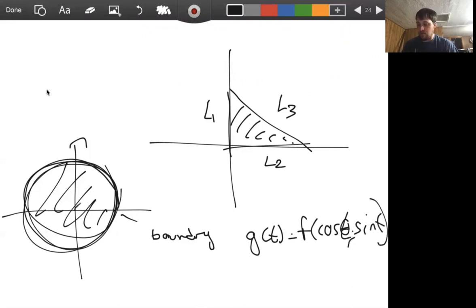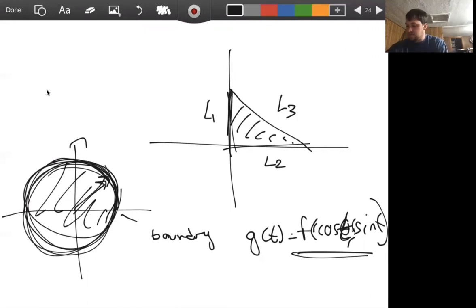Because that's how you parameterize the unit circle, cosine t comma sine t. And so if you have a circle of radius r, you can parameterize with r cosine theta, r sine theta. But if you have something that's like a triangle or a rectangle, then you have to parameterize each line segment separately and then check all the boundary points.